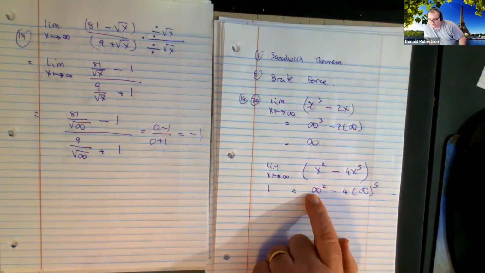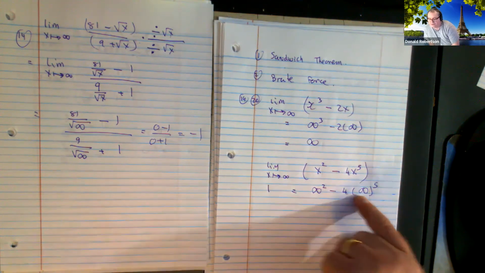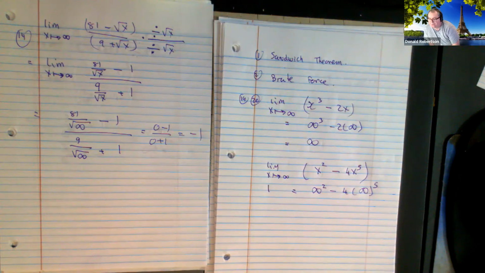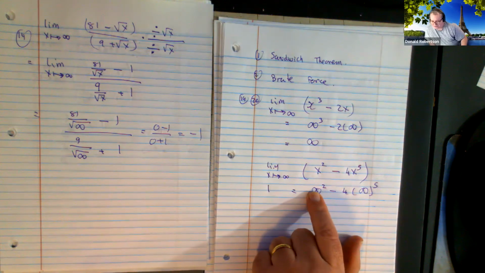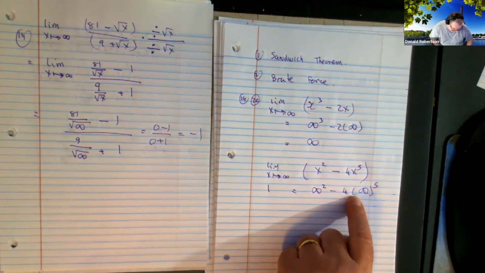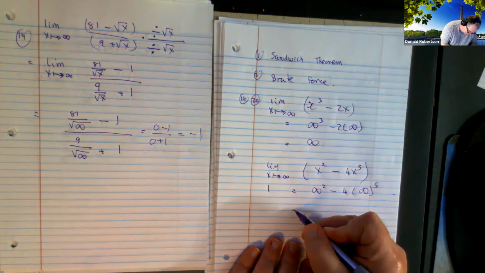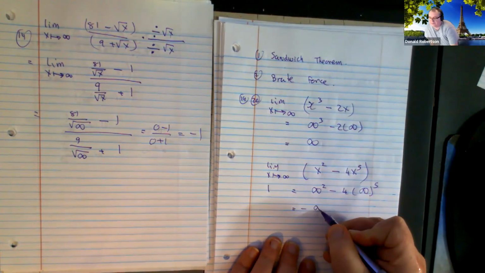Infinity squared or infinity to the 5? Which one's going to be bigger? Infinity to the 5. So since this is a subtraction, can you see why the conclusion here is just negative infinity?